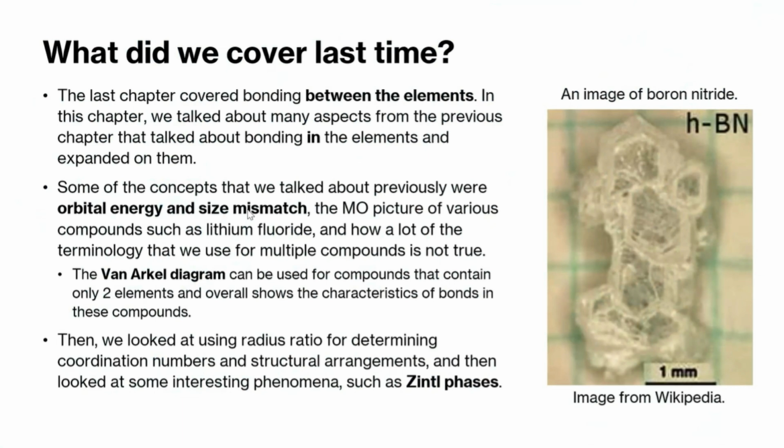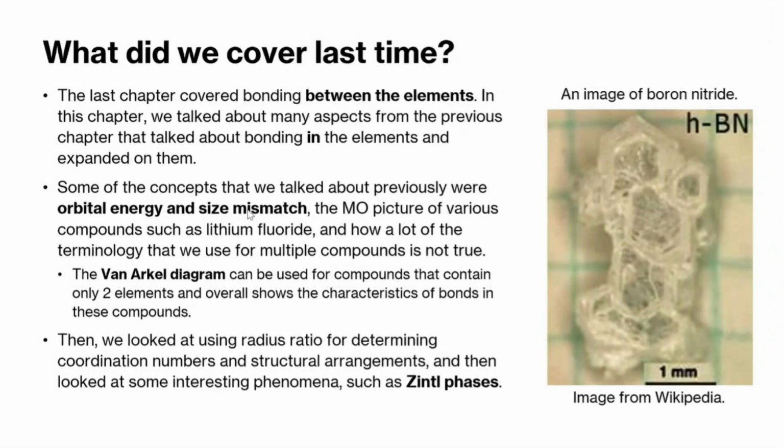Some of the concepts that we talked about previously were orbital energy and size mismatch, the molecular orbital picture of various compounds like lithium fluoride, and how a lot of the terminology that we use for multiple compounds is not true. For example, if you've seen my last lecture, in the book, the author stated that lithium fluoride is not truly an ionic compound.